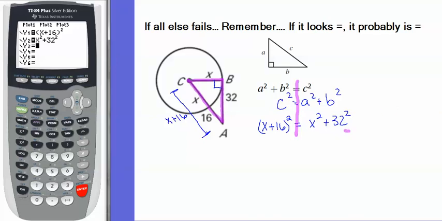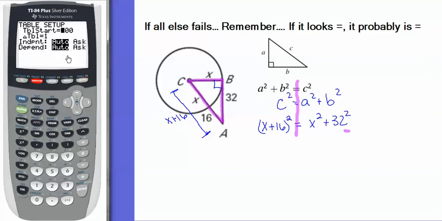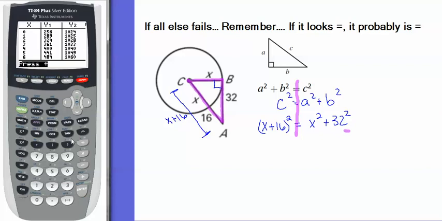I haven't really done any big math here. I'm going to hit second table. I'm at 100. I can see these are way big numbers. Second window helps me start over. I'm going to start at 0, just for the sake of starting at 0, and go back to second table. Now, these are still big numbers. On SOL time, it's untimed.